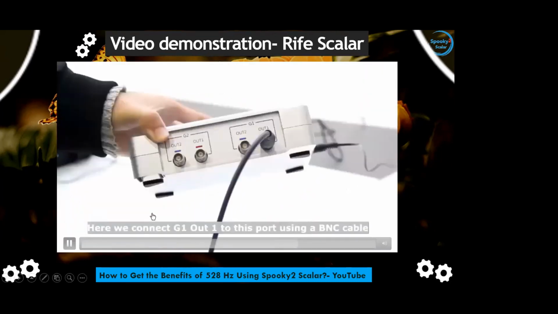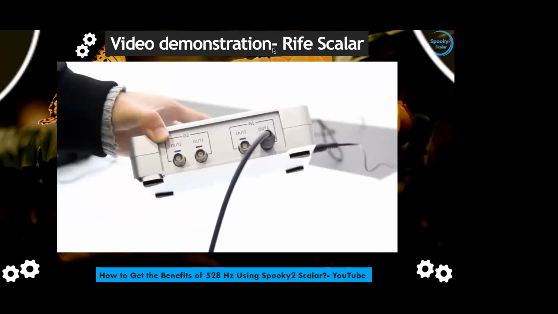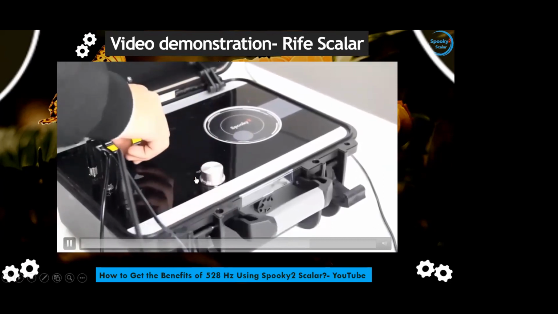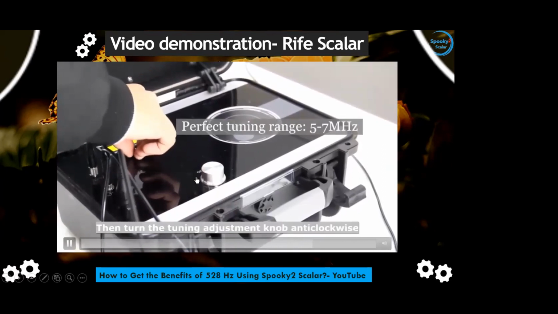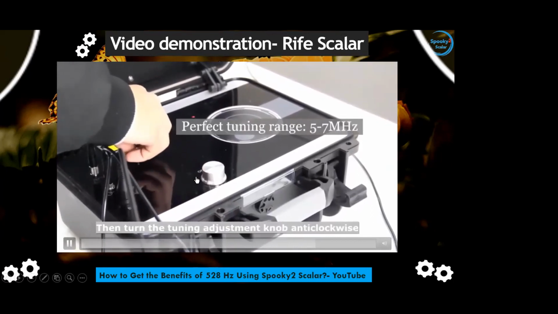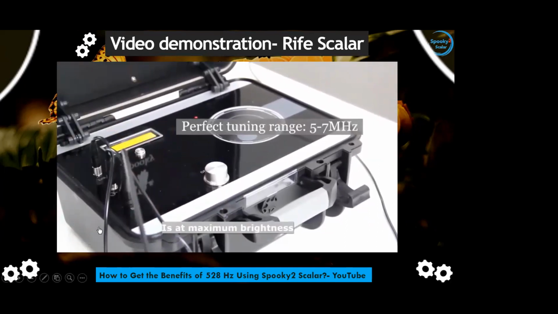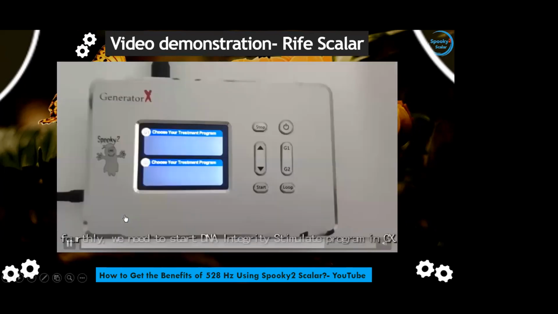Here we connect G1 out 1 to this port using a BNC cable. Okay, we can turn on Spooky2 Scalar now. Then turn the tuning adjustment knob anti-clockwise until the tuning light beside the output coil is at maximum brightness.